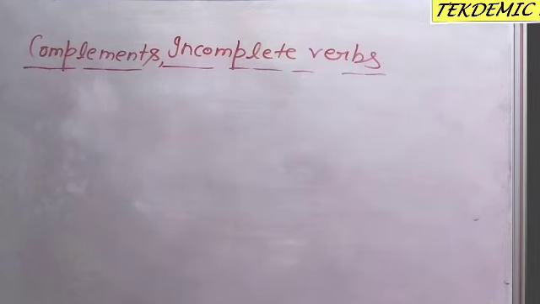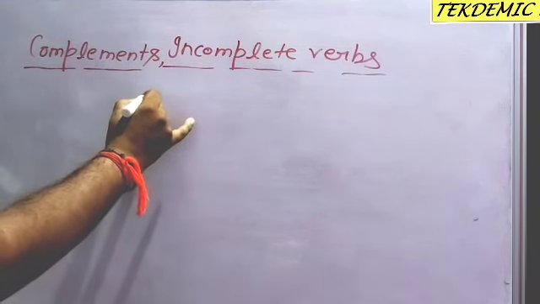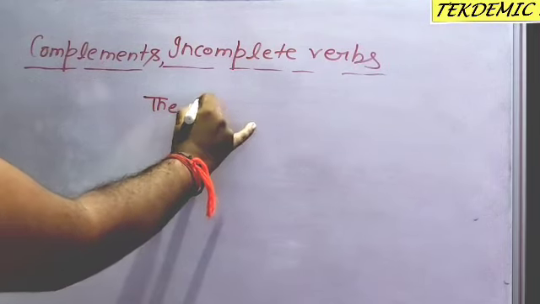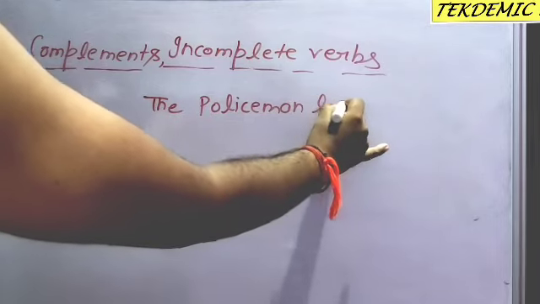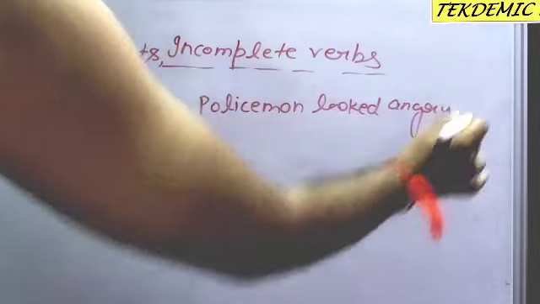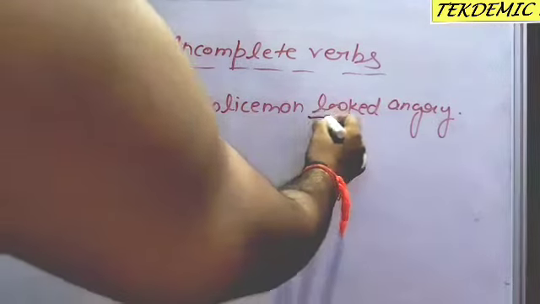First we have to take a sentence: The policeman looked angry. In this sentence, what is the verb? The verb is looked.